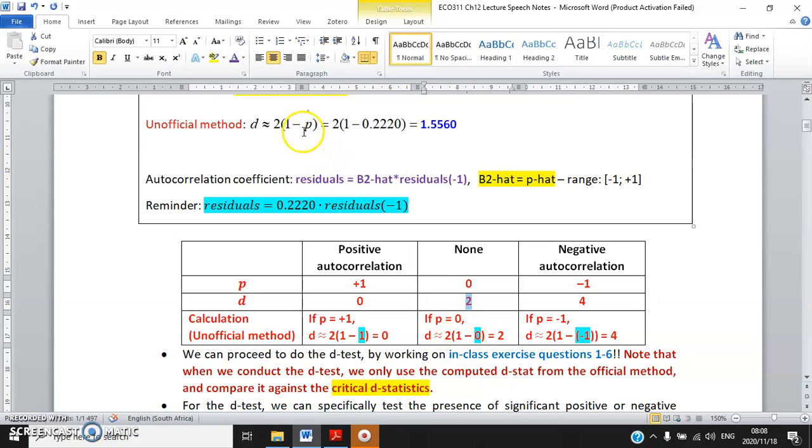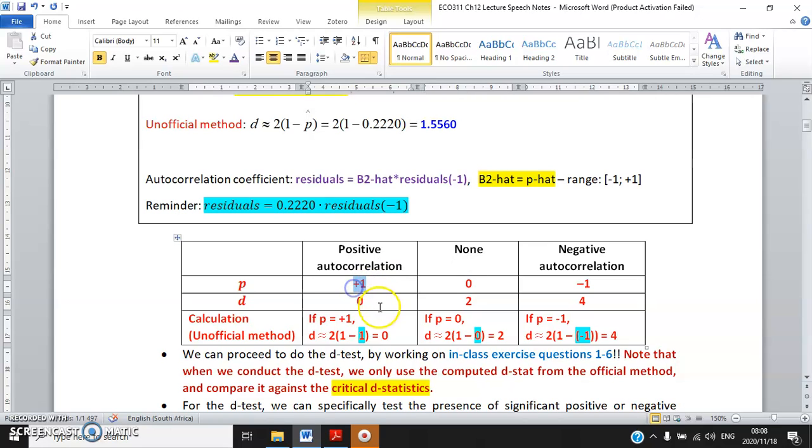The reason is if you substitute 0 here, autocorrelation coefficient 0, so 2 times 1 minus 0, don't you get computed d-stat of 2? In other words, when you run a regression, remember the EViews table would give you the computed d-stat. If your computed d-stat is quite close to 2, it is actually good news. Then it means the residuals are weakly correlated.